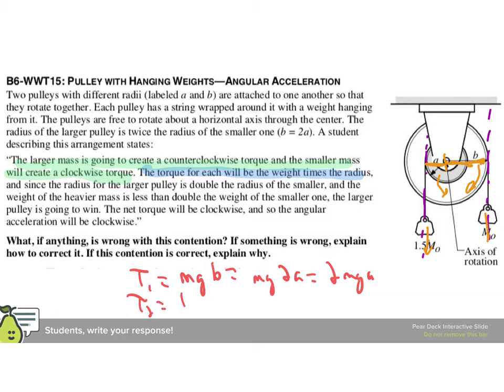And the heavier mass produces 1.5 m times g times a. And it's definitely true that 2 is more than 1.5. So the student is, in fact, correct. That's sort of unexpected in these problems, but it happens from time to time.